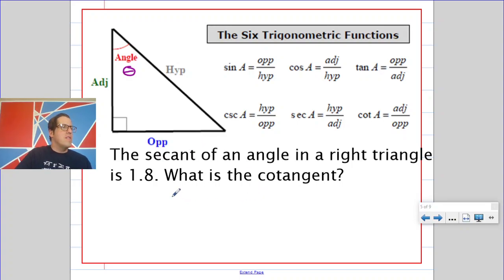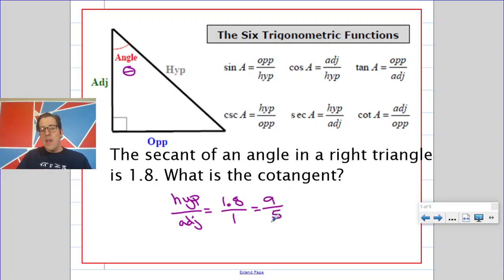Okay, the secant is the hypotenuse over the adjacent. And that is 1.8. Well, 1.8 as a ratio is either 1.8 over 1 or, I believe, 9 over 5.